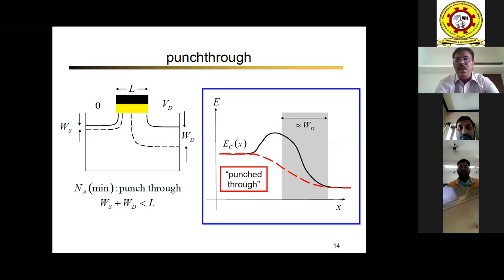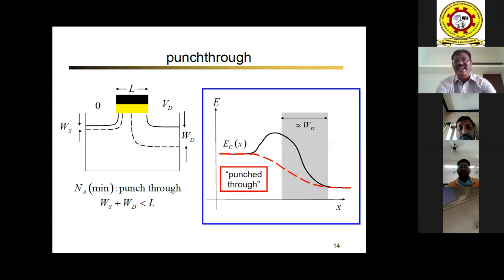Due to the surface scattering, highly mobile carriers get scattered at the surface of the SiO2 interface. The carriers reaching the drain end automatically minimize. So punch through is not actually that. The one I'm talking about is the surface scattering. Punch through is like a highly mobile carrier now punching through the barrier.